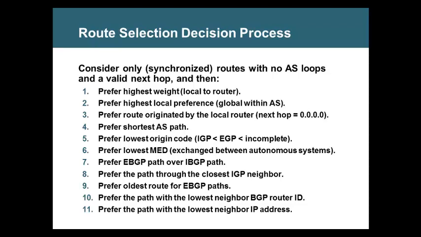If weight is the tiebreaker, the local preference that you have configured is wasted on that router. If local preference is the tiebreaker, then it won't go to the third one, route originated by local router, or AS path or origin code, any of these.